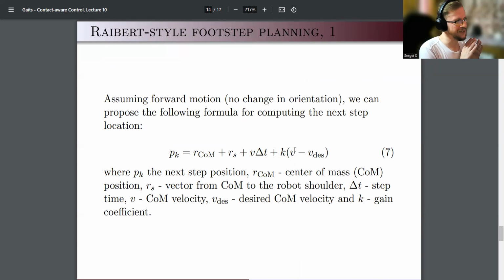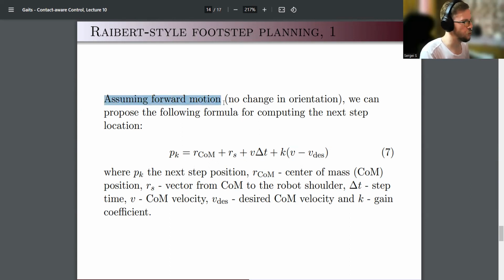Okay, now finally we are ready to hear what a Rabbit-style planner is. A Rabbit-style footstep planner works like this.